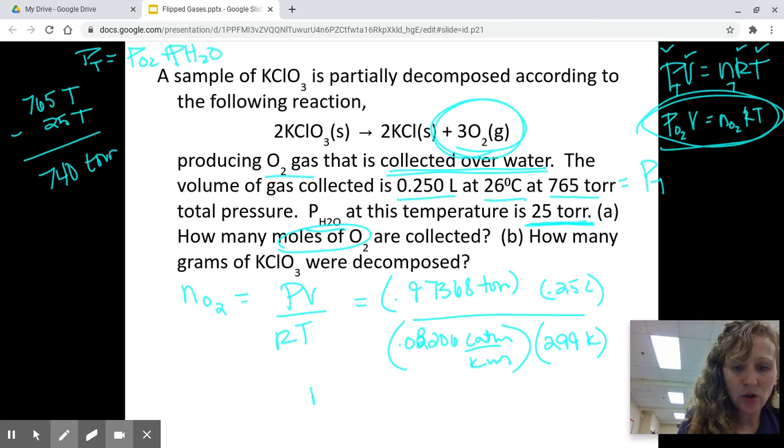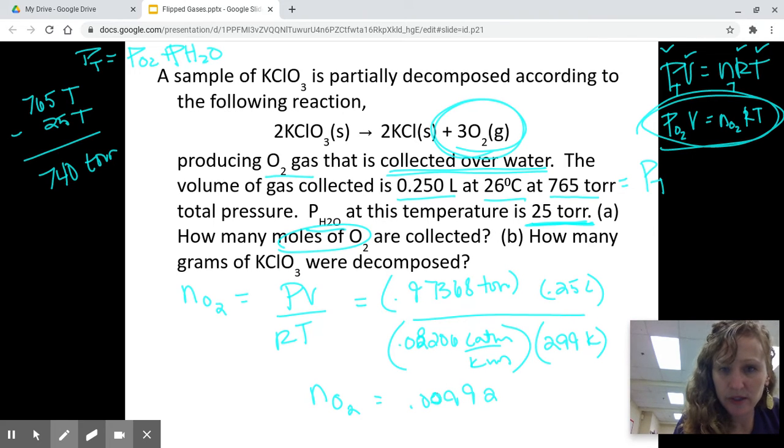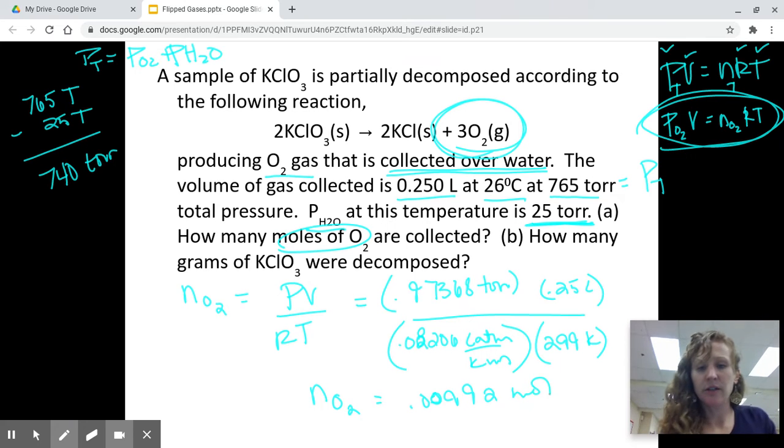Okay, so I have produced 0.00992. Can I keep 3 sig figs? Looks like it. Moles of oxygen.